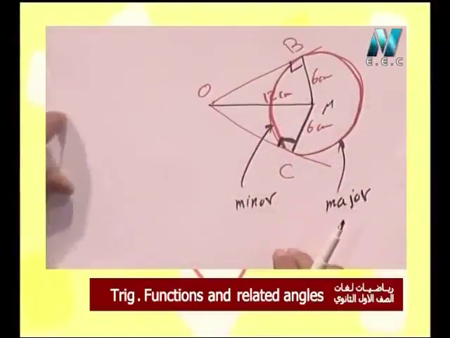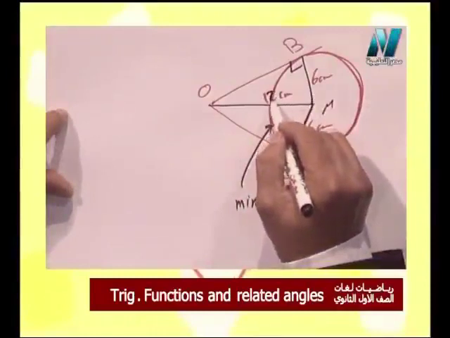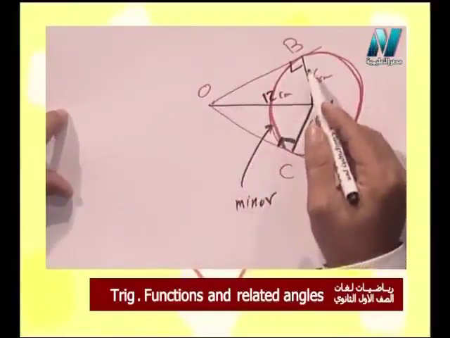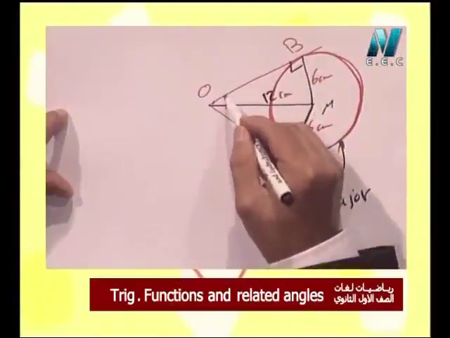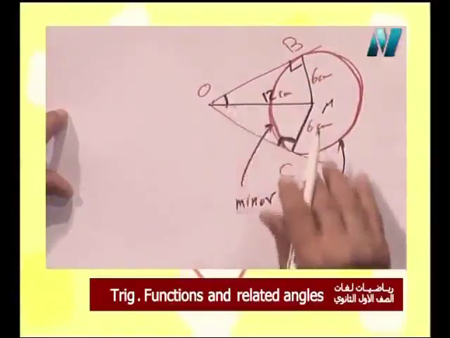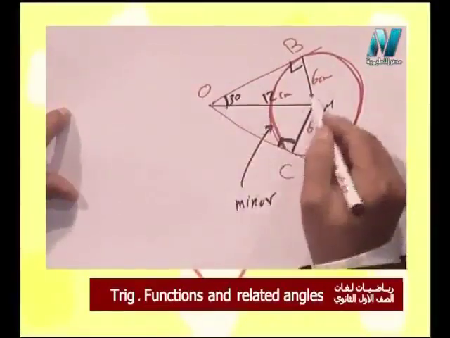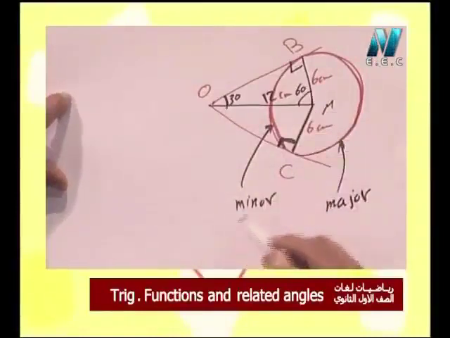So we have noticed that we have here 12 centimeter for OM and 6 centimeter for BM. So what is this angle? Yes, excellent, pupils say that this angle equals 30. So this angle equals 60 here. Okay.